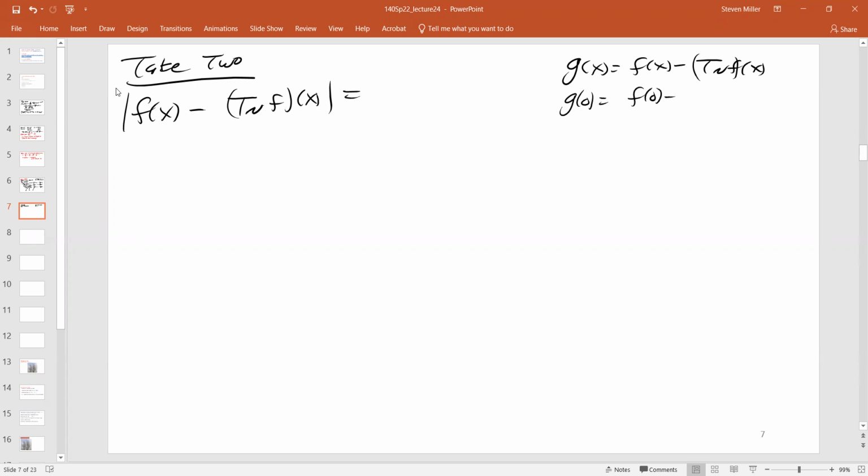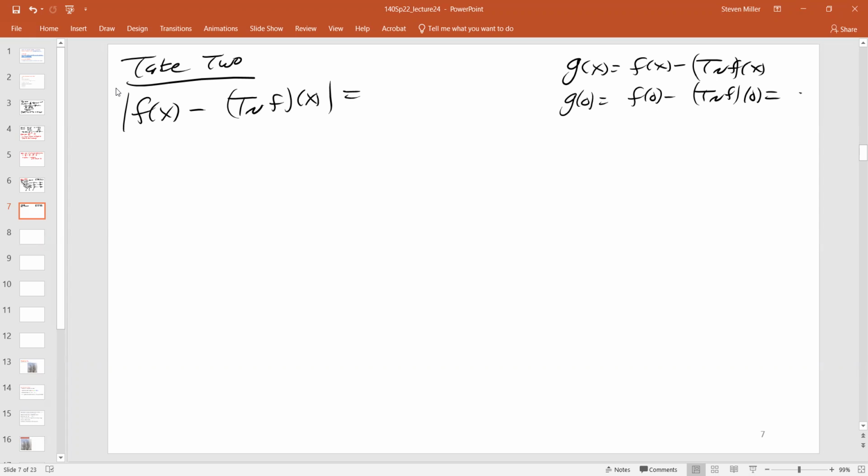That's f of 0 minus T_n f of 0. Well, the Taylor series at 0 is just f of 0, so it's just 0.